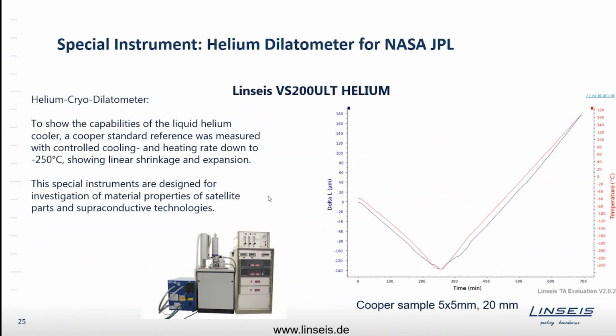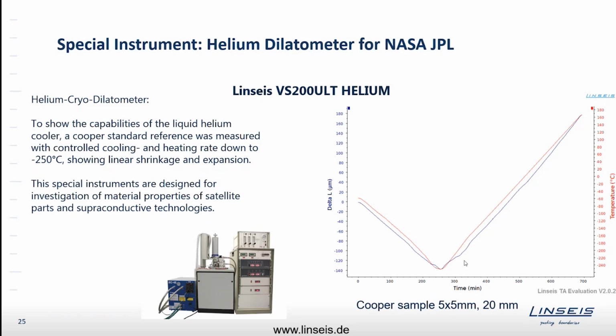I also have an example measurement for the helium cryodilatometer. This was a copper standard sample. What you see here is the temperature, and the blue curve is the expansion of a copper sample. So we use that for the cryodilatometer, cooling it down to -250 degrees Celsius, showing linear shrinkage and linear expansion, just as a proof that we really can reach these temperatures.